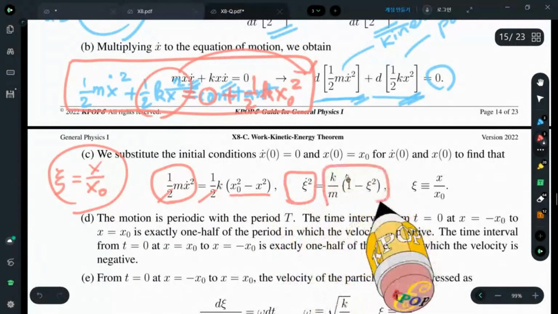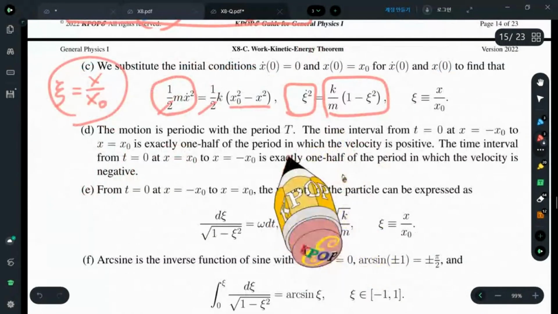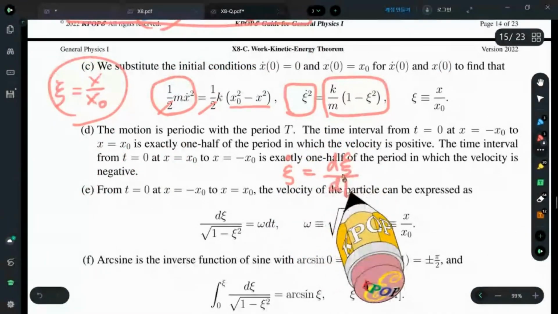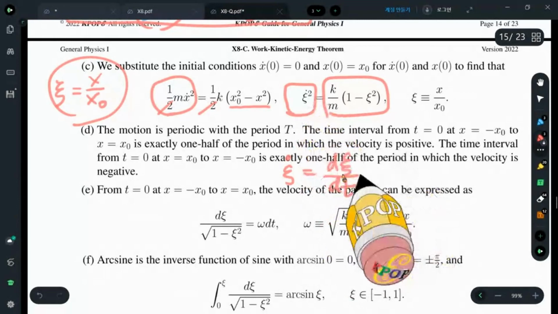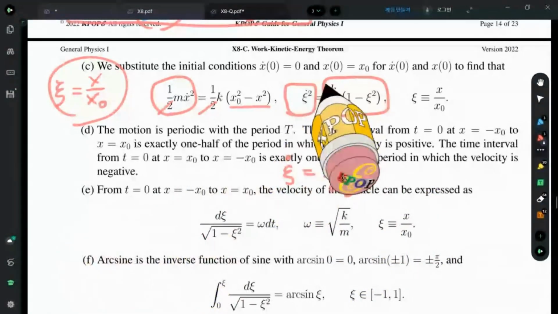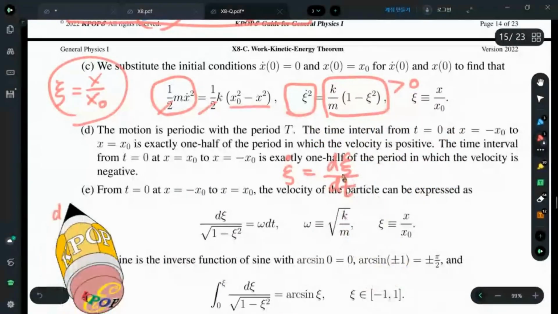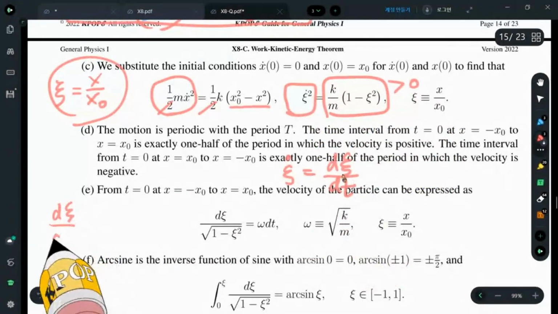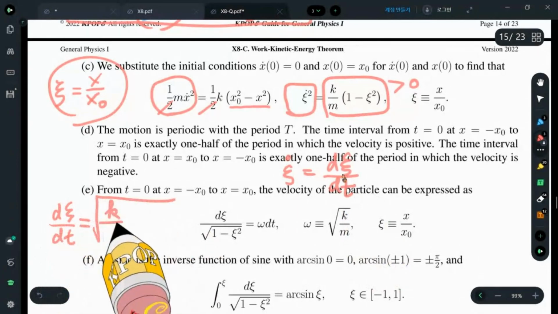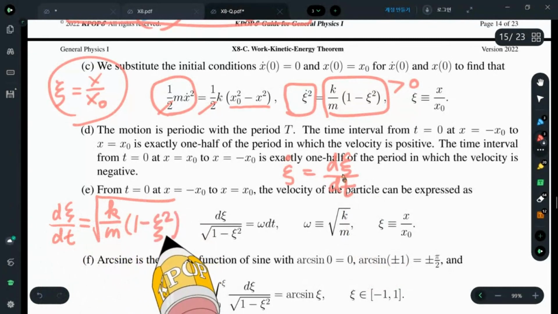And this part, what is that? C dot equals the time derivative of c, right? The time derivative of c is positive. Then c dot is the square root of k over m times the square root of 1 minus c squared.